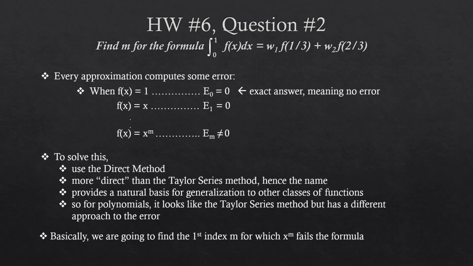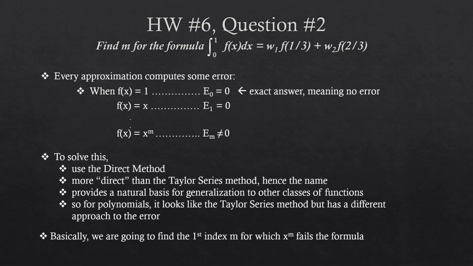So in order to solve this, we'll be using the direct method, and there are multiple methods that could be used to solve this, Taylor series method being an example. However, the direct method is more direct, hence the name, and it provides a natural basis for generalization to other classes of functions. So for polynomials, it looks like the Taylor series method, but it does have a different approach to the error.